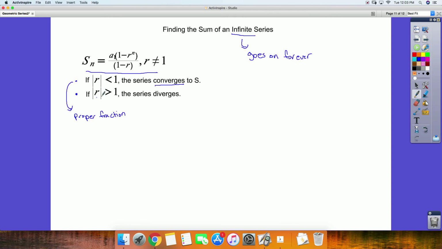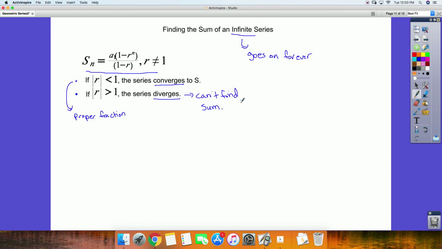If your rate is greater than 1 though, and remember it's absolute value, so if it's a -2, that's still greater than 1, then the series diverges. And what that means is your series isn't going to approach this number, meaning you can't find the sum.